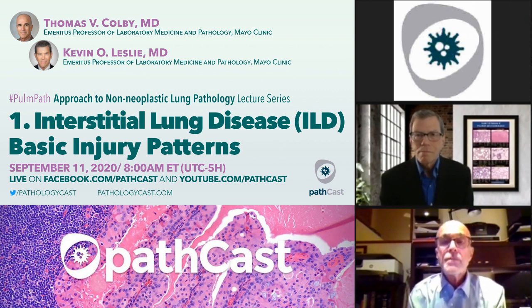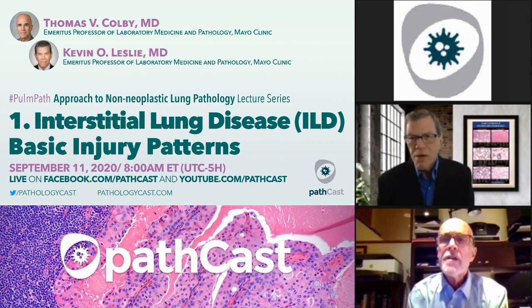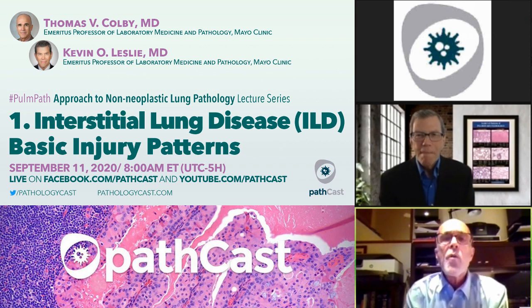Right. Here's another question. How frequently do we see microthrombi in diffuse alveolar damage? Want me to take that, Kevin? Very common. It depends on how hard you look for them. If you look really hard, you'll find them very commonly. Anecdotally, they're more frequent in COVID, but I'm not sure they're specific to COVID.